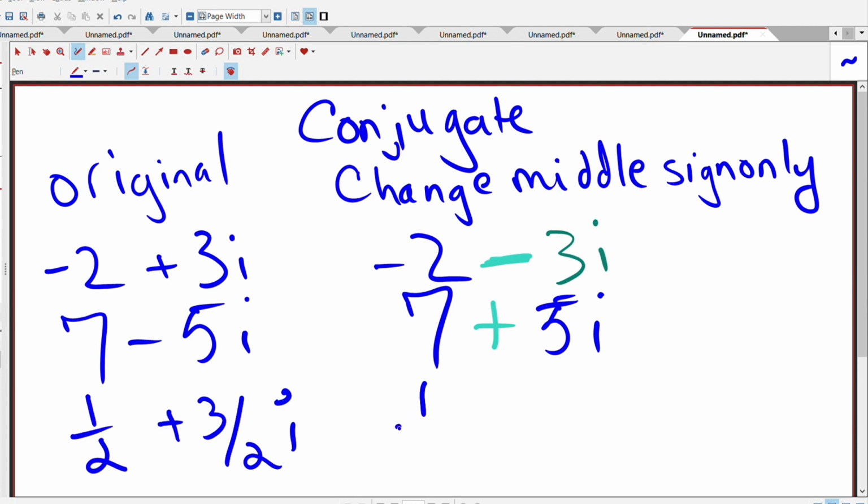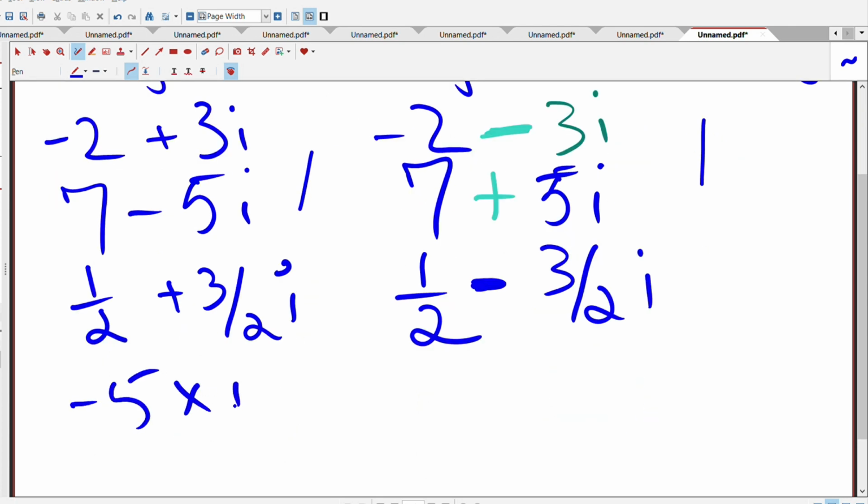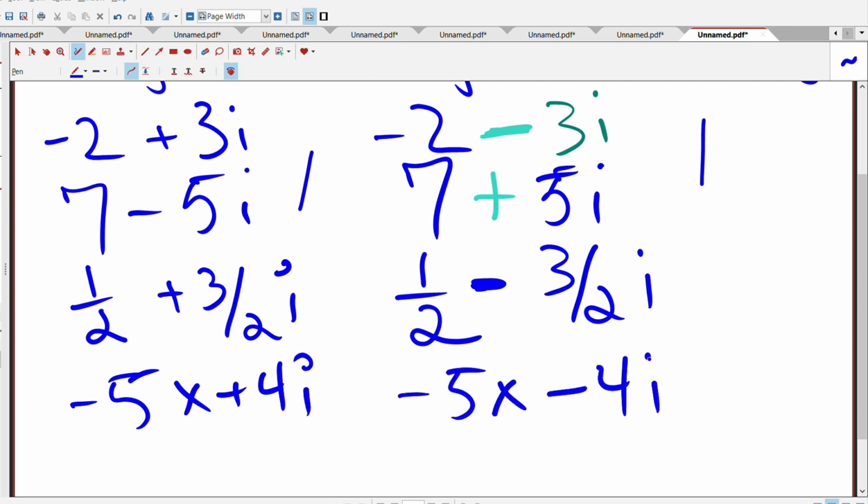The conjugate would be 1/2 minus 3/2 i. And one more, negative 5x plus 4i. The conjugate will be negative 5x minus 4i. Now there is a button in the calculator that actually says conjugate, and if you put in the original, it will give you the conjugate.